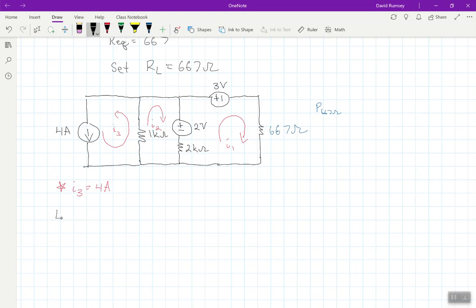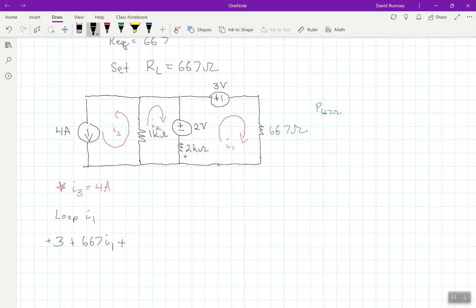So let's do a loop for I1. You can start anywhere. Well, first off, notice that it's hitting the positive side of this 3-volt voltage supply. If I continue this arrow, the arrow hits the positive side of that 3 volt. So I'd have, I'll even emphasize, plus 3 volts plus 667 times I1 plus now 2K.